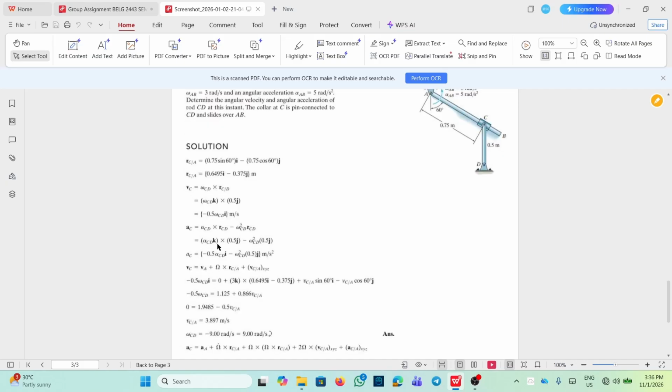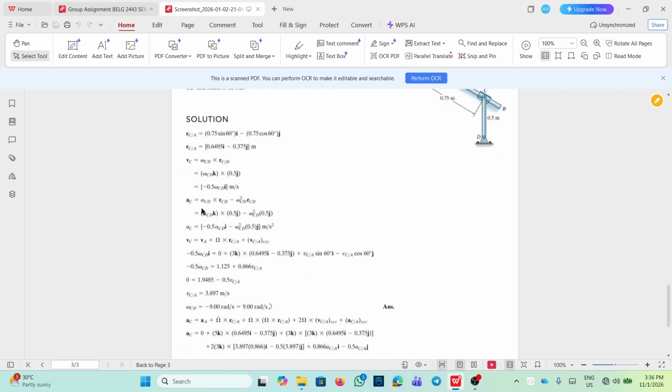For the acceleration at point C, we use alpha CD times RCD minus omega CD squared RCD, and we get negative 0.5 alpha CD i minus omega CD squared 0.5 j meters per second squared.